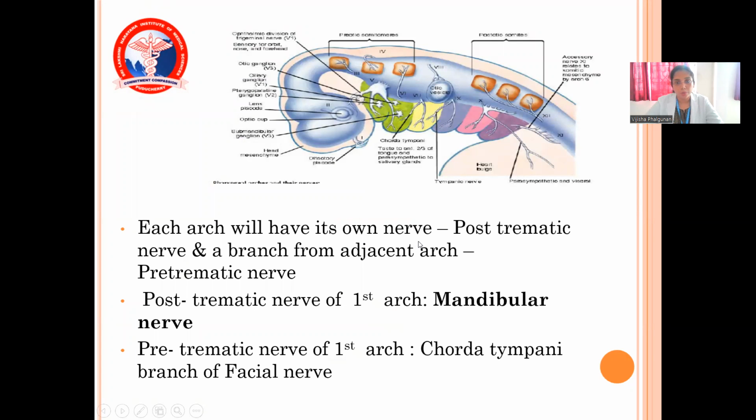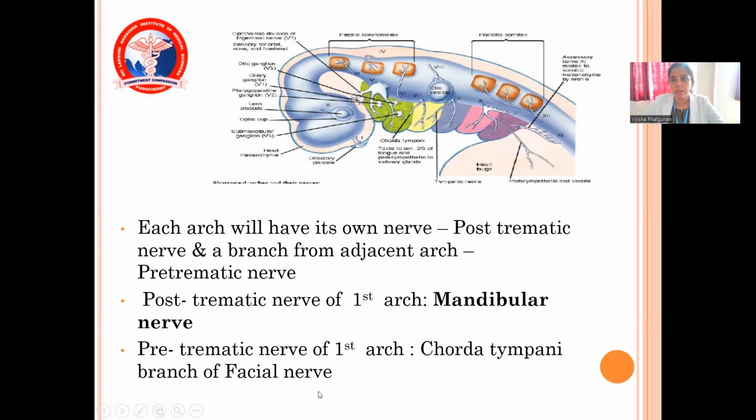Each arch will have its own nerve, the post-trematic nerve, and a branch from the adjacent arch, which you call the pre-trematic nerve. The post-trematic nerve of the first arch is the mandibular nerve. So the first arch owns a nerve, and that nerve is your mandibular nerve. Only in the first arch you will have 2 nerves, the post and pre-trematic nerves. The post-trematic nerve is the mandibular nerve, and the pre-trematic nerve, which contributes to the formation of the first arch nerve supply, is the chorda tympani branch of the facial nerve.